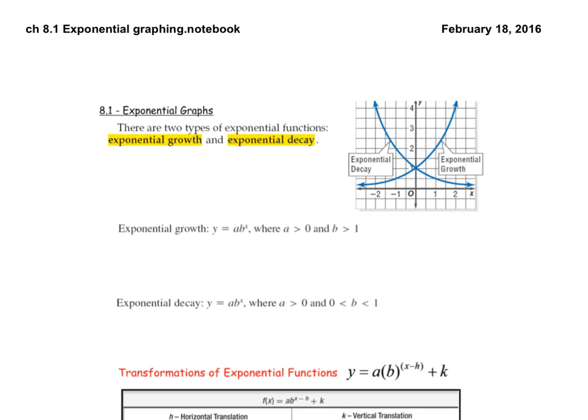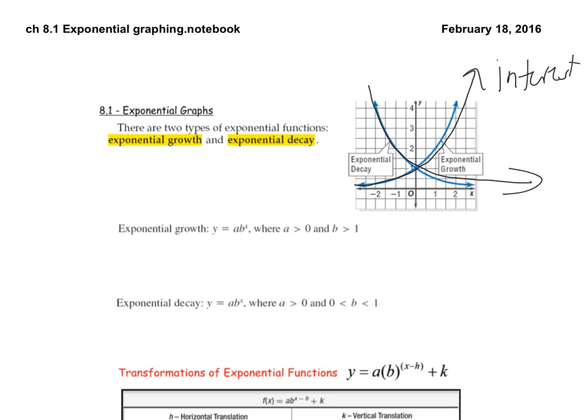Okay, these are just a couple of vocabulary things. Exponential growth, when a function gets bigger as x gets bigger. Exponential decay, when things get smaller as x gets bigger. We will do some examples of these later in the unit, but this would be things like putting money in the bank and getting interest on it.